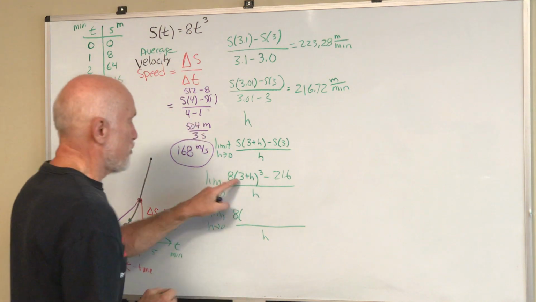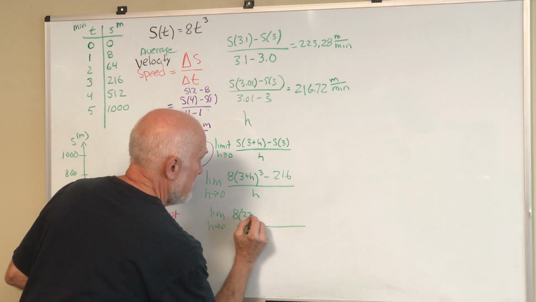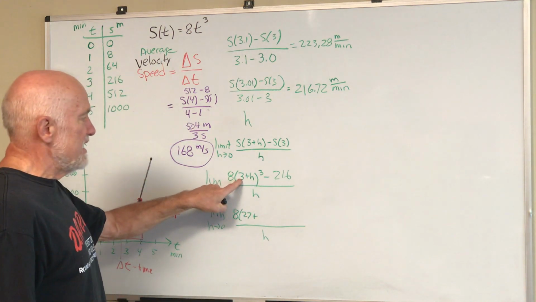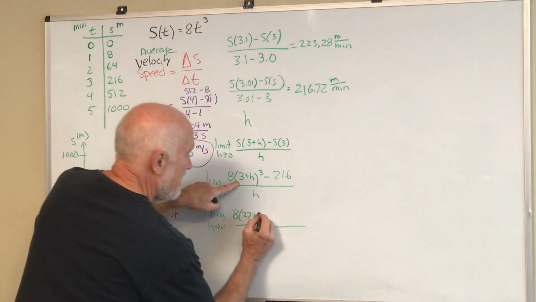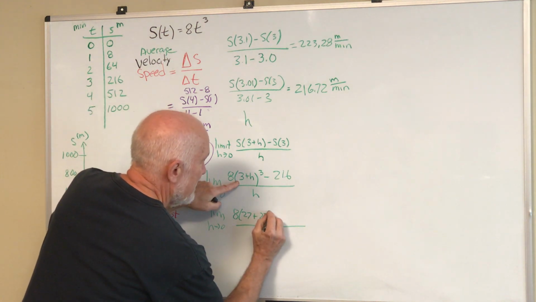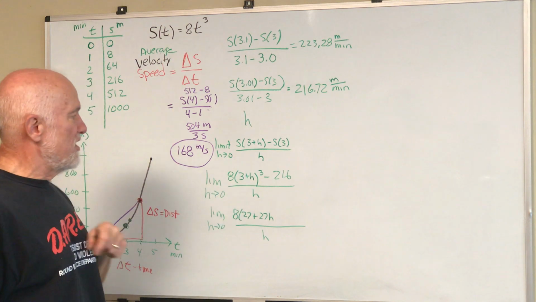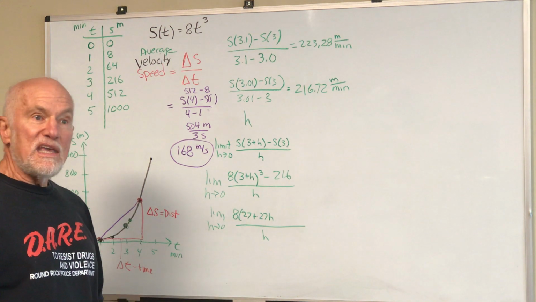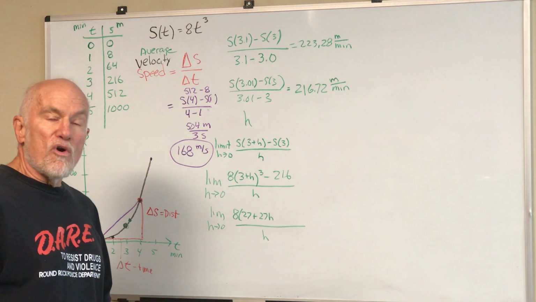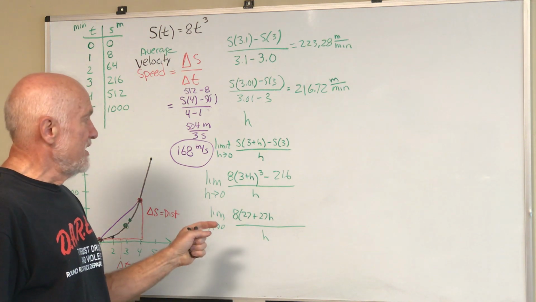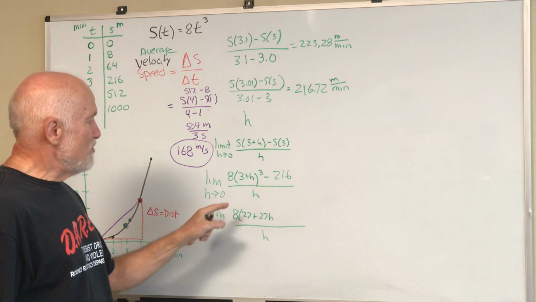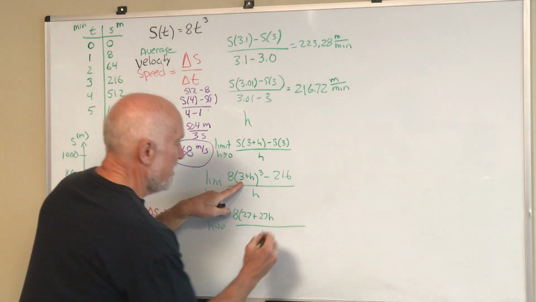You could just go 3 cubed plus 3 times 3 squared times h to the first plus 3 times 2 over 2 factorial times 3 to the first power.